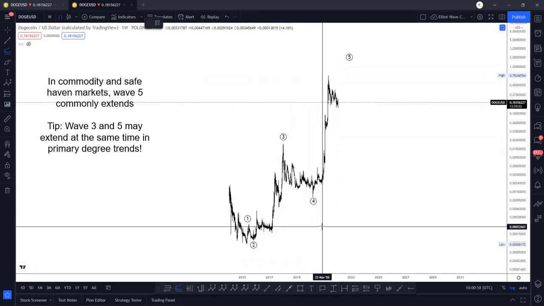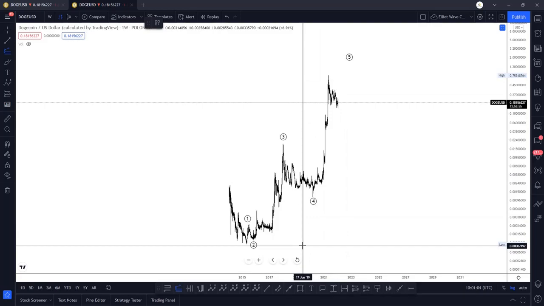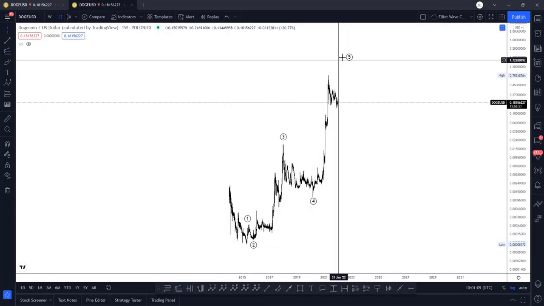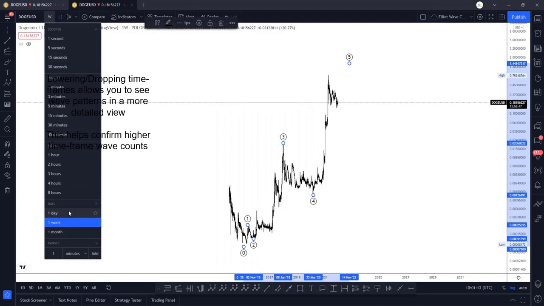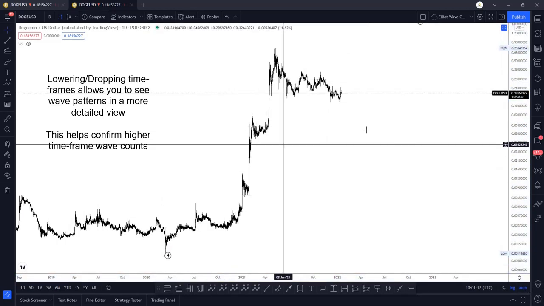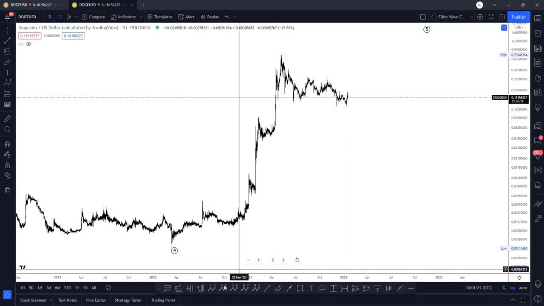Now, as we've done this, we immediately know that wave 5 is still in progress. But because we've zoomed out, we can immediately identify just by dropping a time frame to see where we are in wave 5. Now, we're going onto the daily time frame, and we can look at the market much more distinctively.